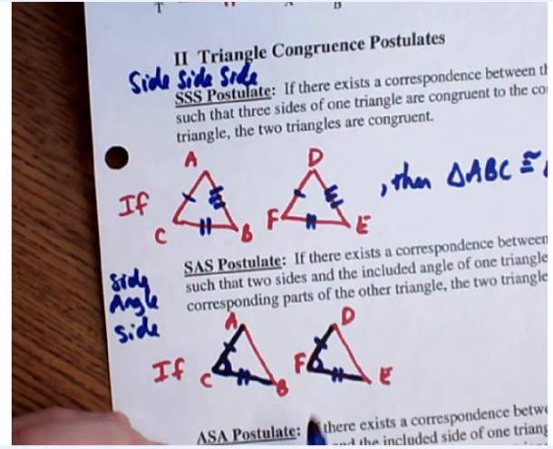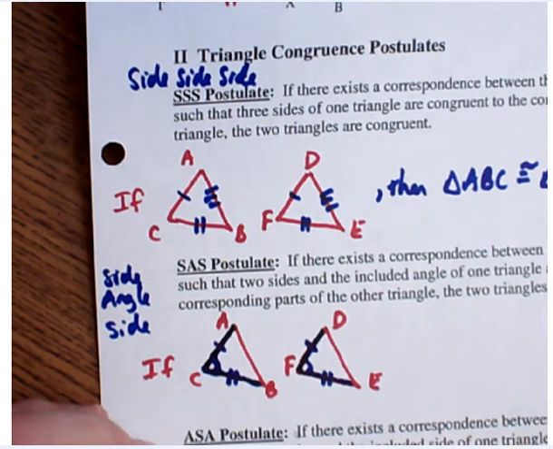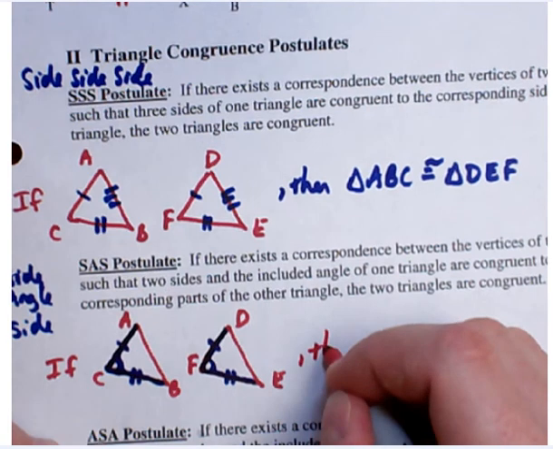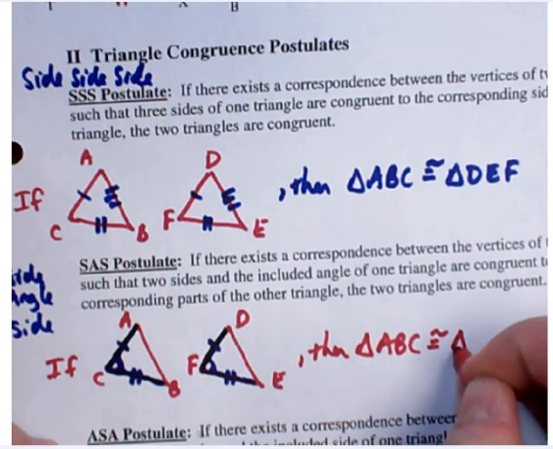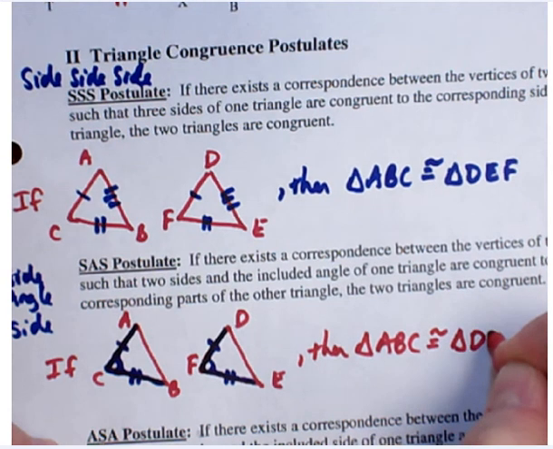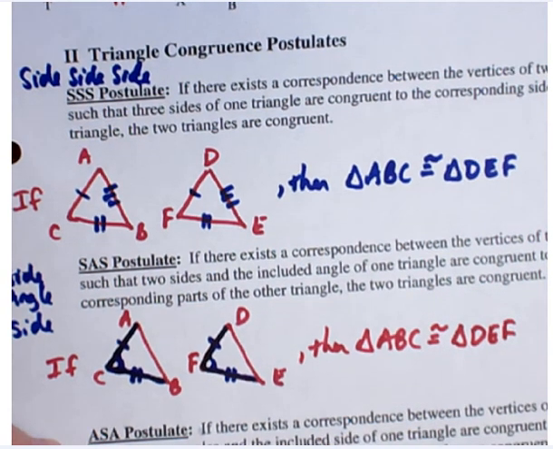If you know that these are congruent, then you can say triangle ABC is congruent to triangle DEF. That has to be true.